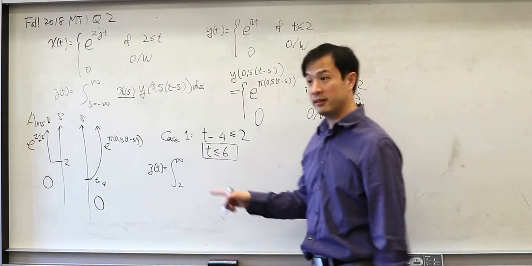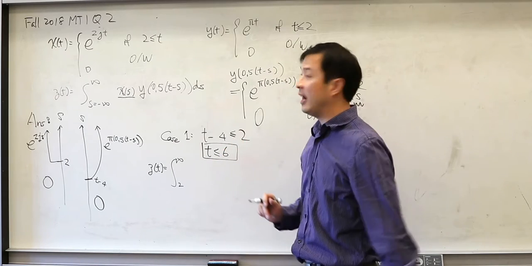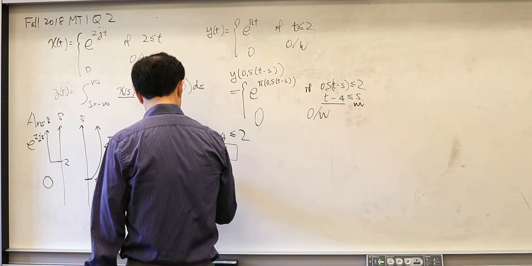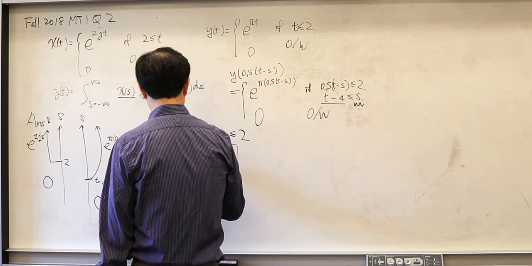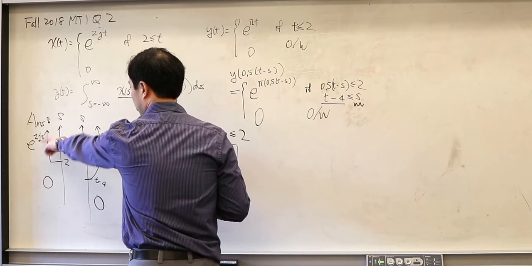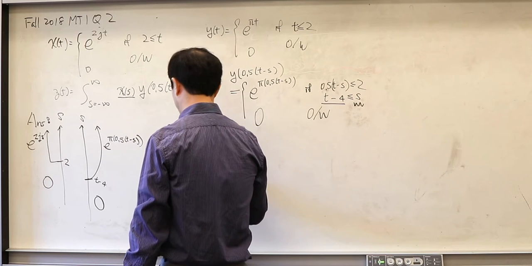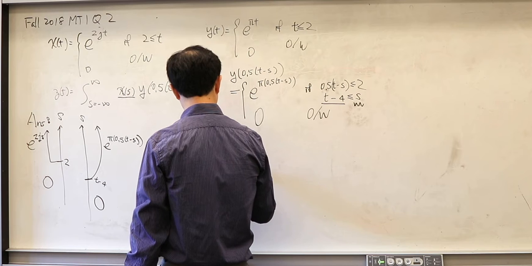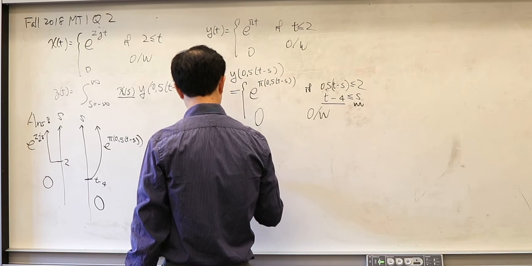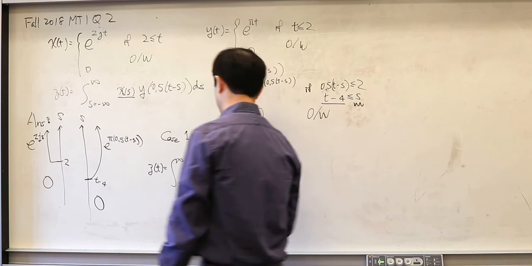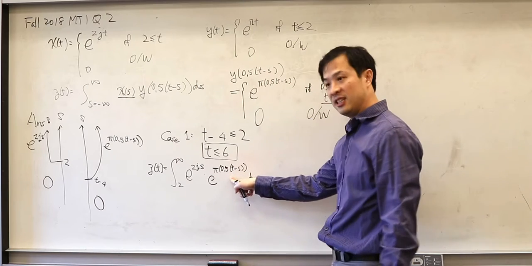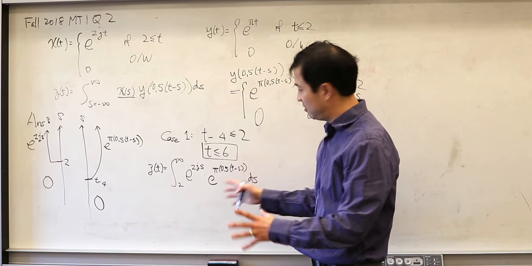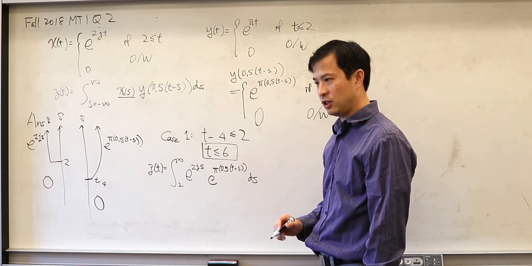And the integrand is e^{2js}, not t, very important, e^{2js}, times pi times (0.5t minus s) ds. Obviously, you treat t as a constant, move it to the front, and you can solve this integration.